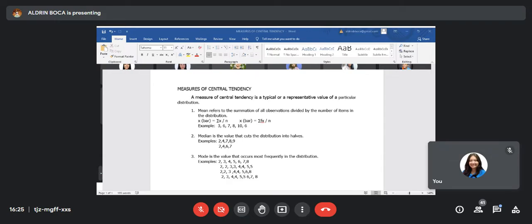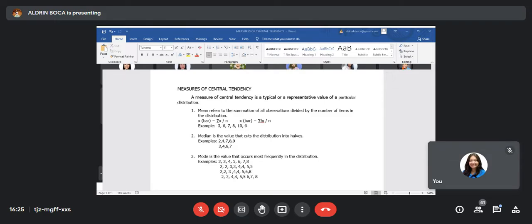Also, the distribution might have more than 2 modes, or could have 2 or more than 2 modes. Okay? But the mean and the median would only be 1. You understand? So, maaaring isa lang ang median, ang mean ng distribution, pero ang distribution might be multimodal.